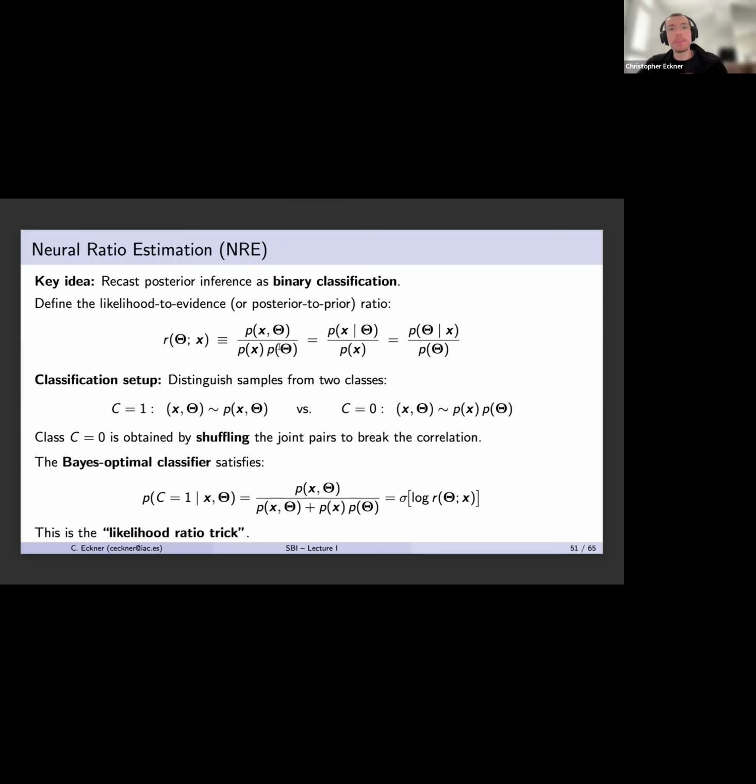Why is it called like that? Because it's basically rewriting Bayes' theorem. So if you look here, you have in the numerator the posterior. And if you just take these two equations, you can rearrange it, bring this one here on the left side, and then you just have Bayes' theorem.